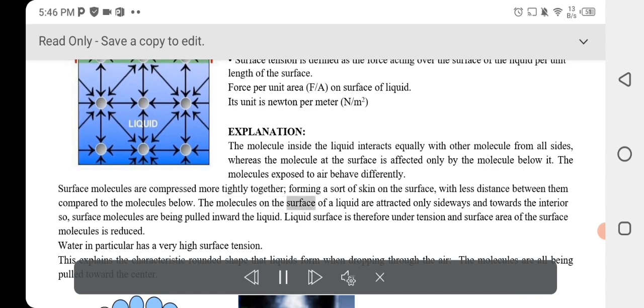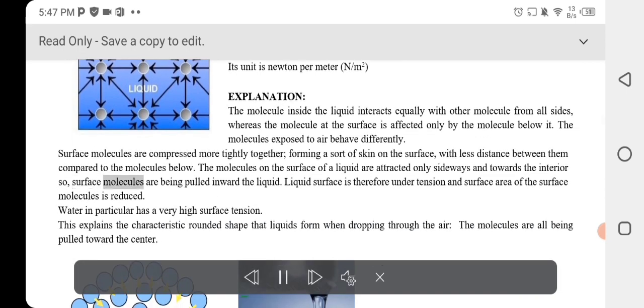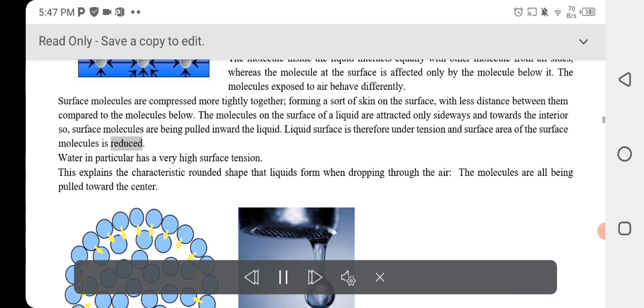The molecules on the surface of a liquid are attracted only sideways and towards the interior, so surface molecules are being pulled inward into the liquid. The liquid surface is therefore under tension and the surface area is reduced.